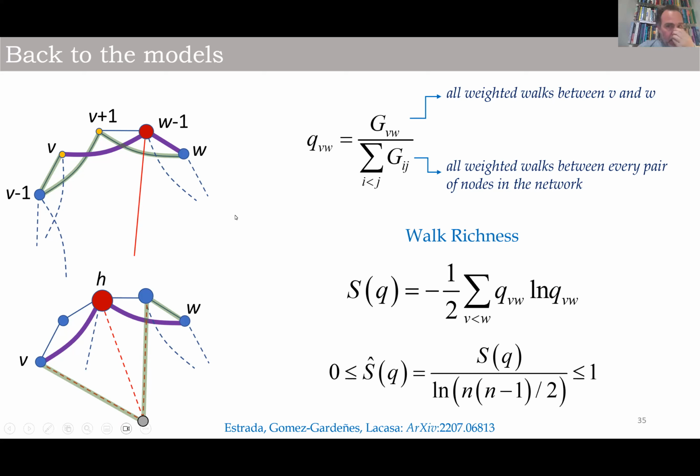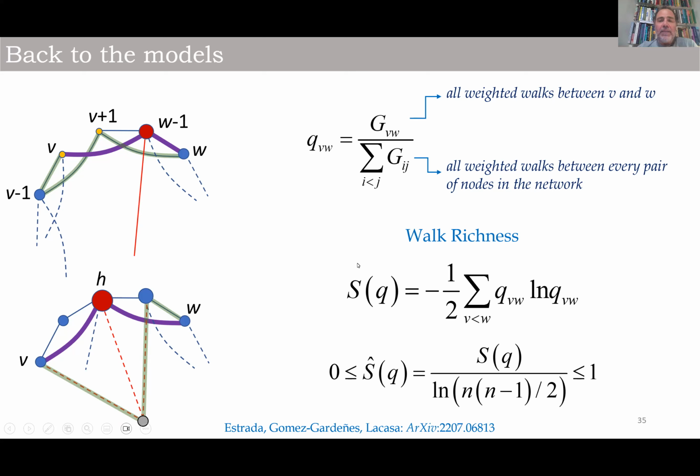So we can then calculate this term here, which is just the total number of weighted walks from V to W, divided by all weighted walks between every pair of vertices in the network.